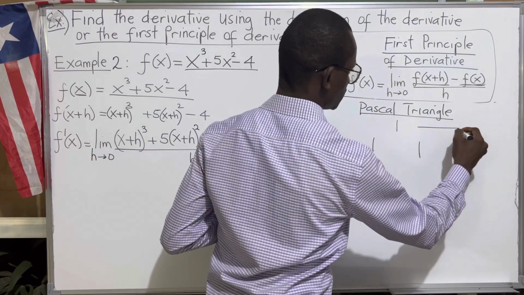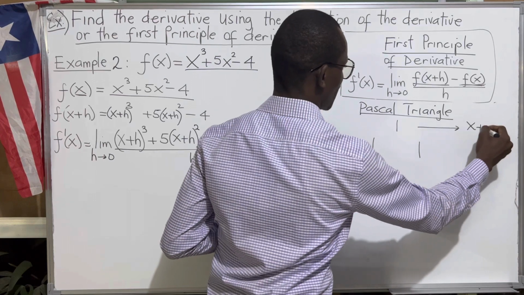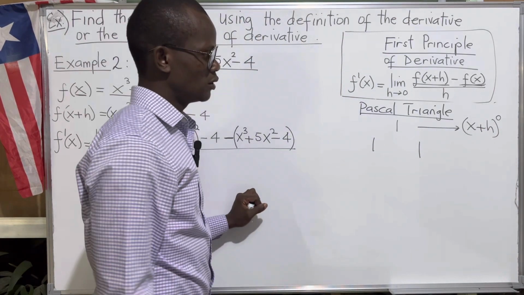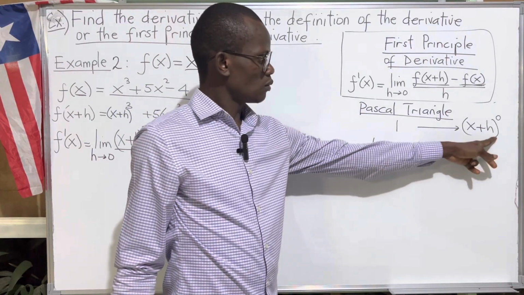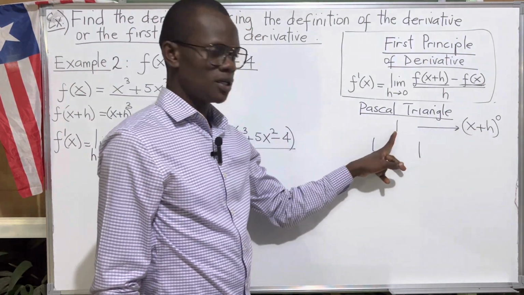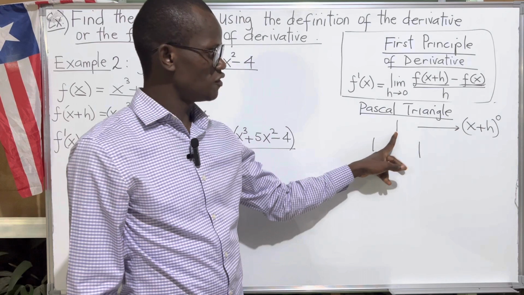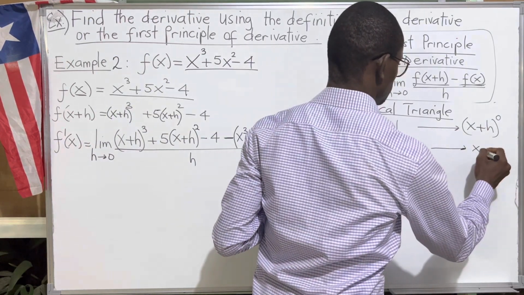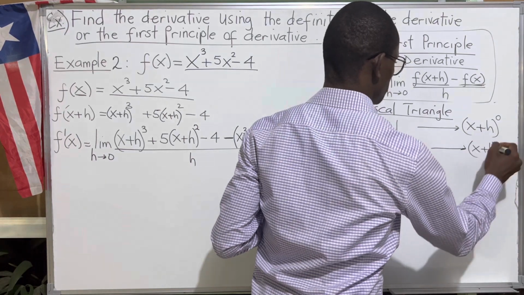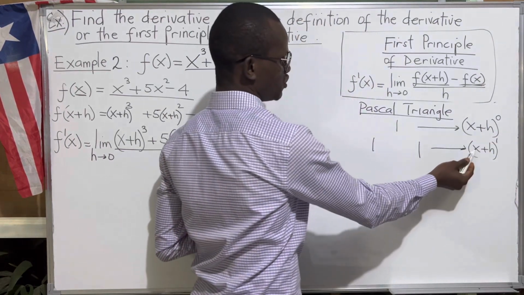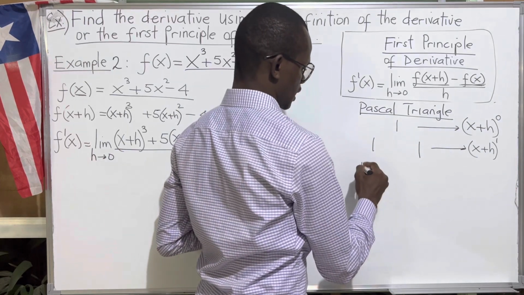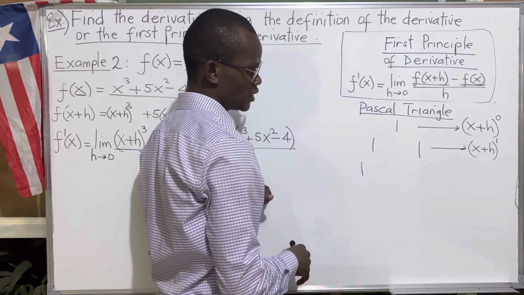Now, it says if you have a binomial x plus h and the power is 0, whatsoever you have in there will just be 1. The coefficient will just be 1, right? If you have x plus h and the power is 1, the coefficients of these terms will just be 1, 1. Now for the rest of it, you can determine it yourself.